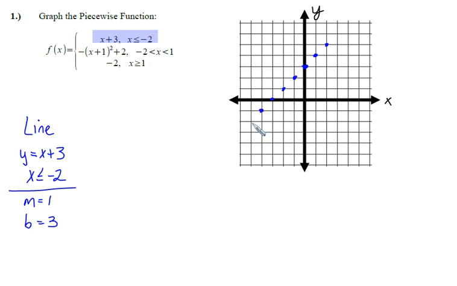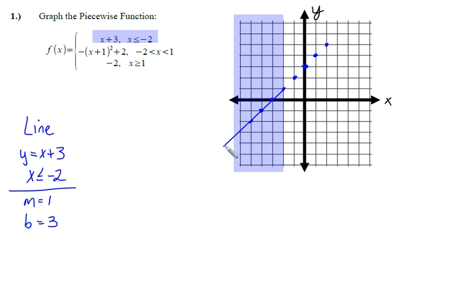Now when we draw the line, we only want the portion of the line where the domain is such that x is less than or equal to negative 2. Hence, we only want the portion of the line that will be drawn in the highlighted region. So we will start at the point there, draw it down like so.